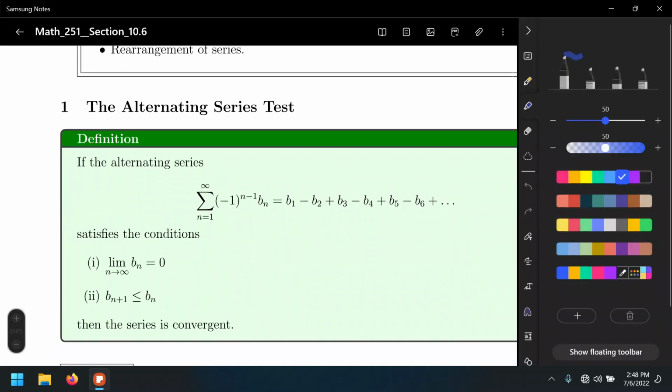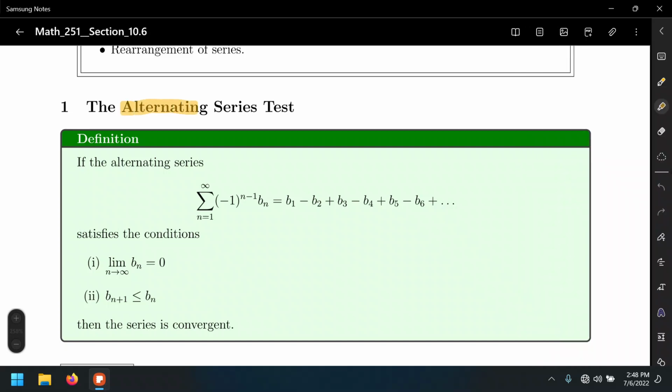What makes them alternating is this -1 to some power. And that could be -1 to the n minus 1, -1 to the n, -1 to the n plus 1, also -1 to the 2n plus 1.